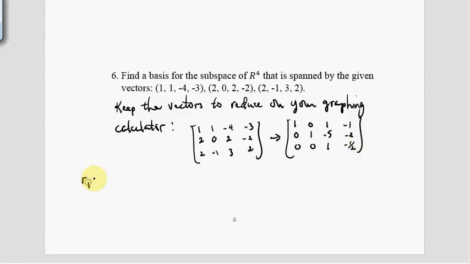So here, the basis for this subspace that's spanned by these three given vectors would be R1 equal to 1, 0, 1, negative 1, R2 equals 0, 1, negative 5, negative 2, R3 equals 0, 0, 1, negative 1/2.